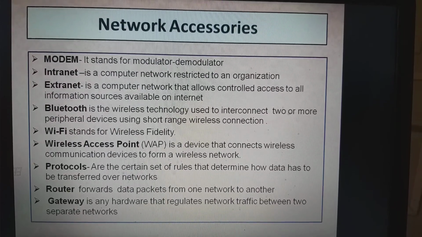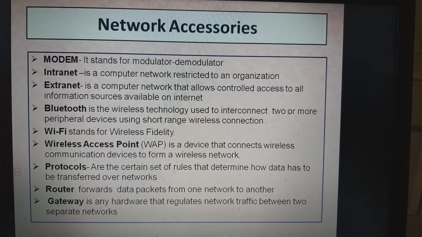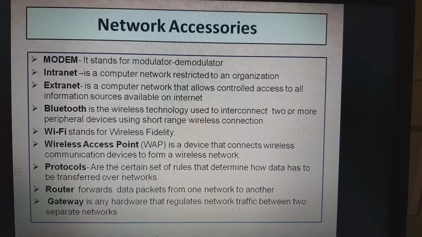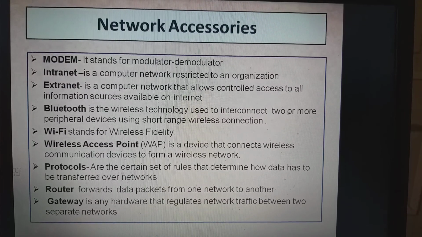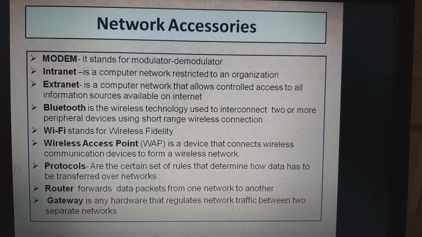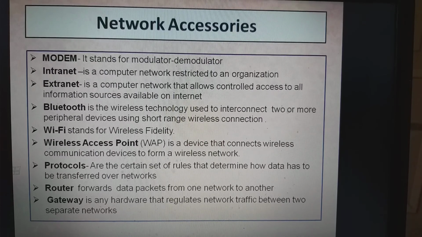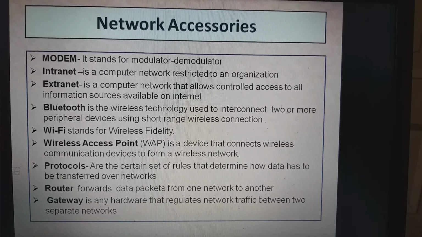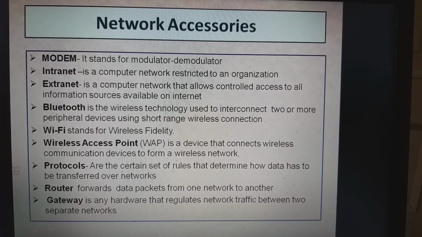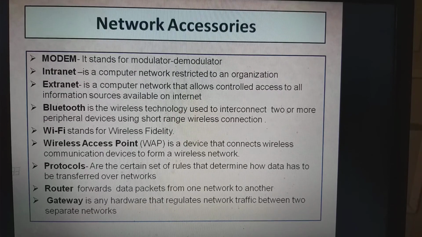Bluetooth. It is the wireless technology used to interconnect two or more peripheral devices using short-range wireless connection. Wi-Fi. It stands for Wireless Fidelity. It represents wireless local area network. It was developed for mobile computer devices like laptops, smartphones, tablets to exchange data wirelessly.